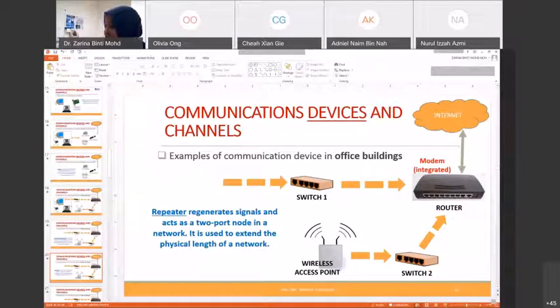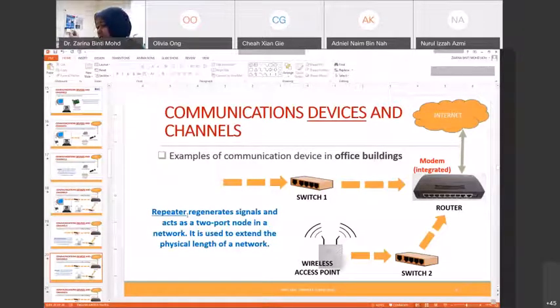In real life, it looks just like one of the communication devices like switches or a router. But the function is that it regenerates signals and acts as a two-port node in a network. The use is to extend the physical length of a network. A switch has many ports, isn't it? But a repeater only has two ports, in and out.